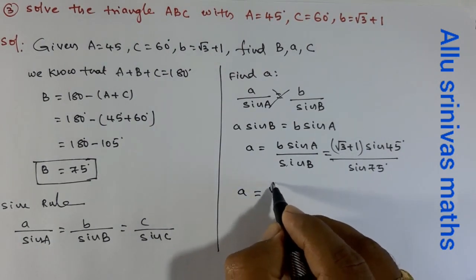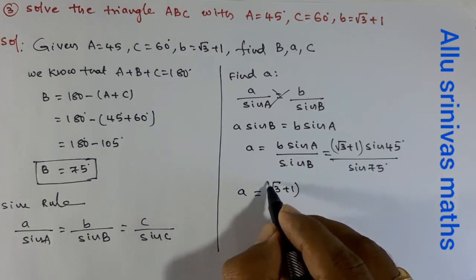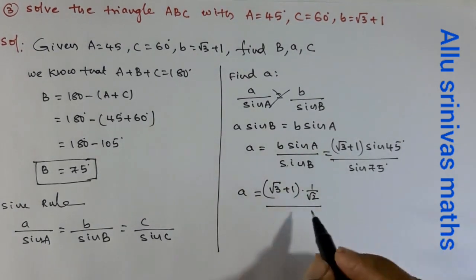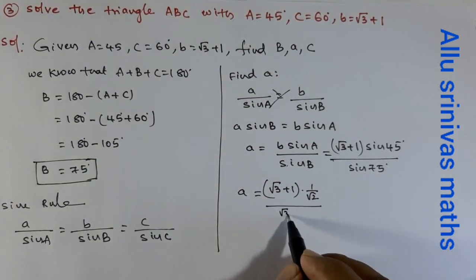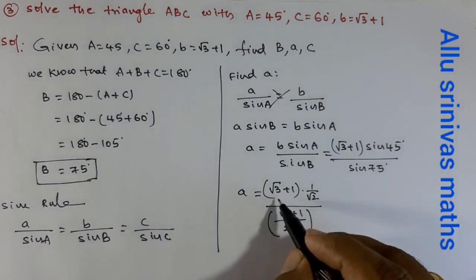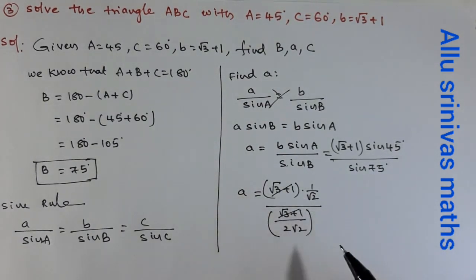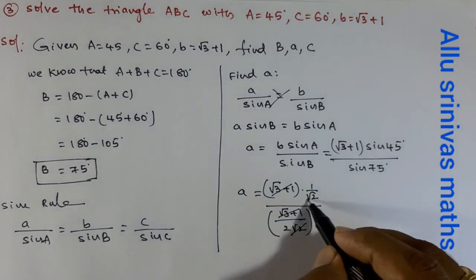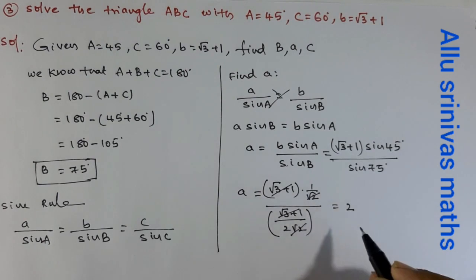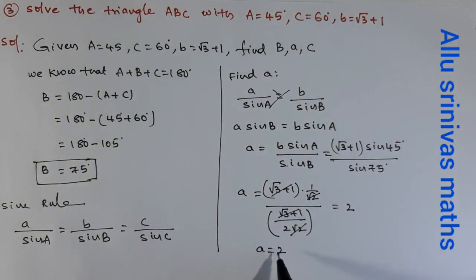Side A equal to root 3 plus 1 into sine 45 degrees is 1 by root 2, sine 75 degrees is root 3 plus 1 by 2 root 2. In numerator and denominator root 3 plus 1 cancels, and root 2 cancels, and then finally 2. This is the required side A equal to 2.